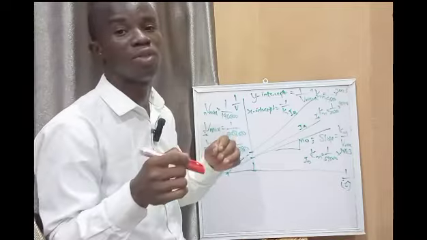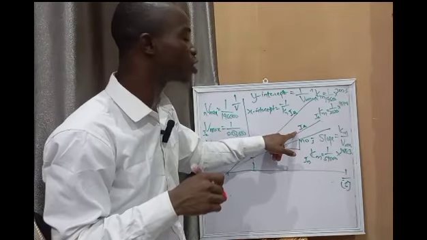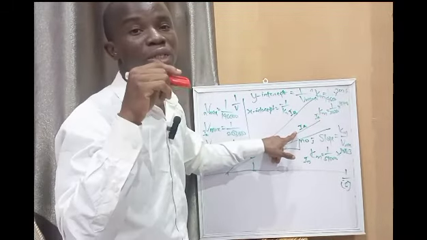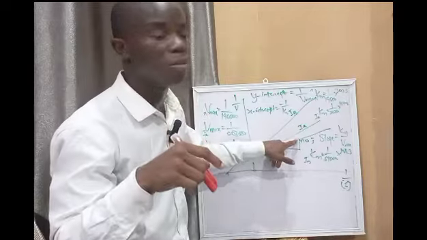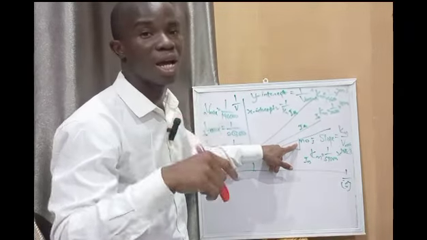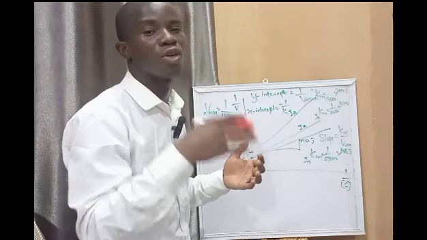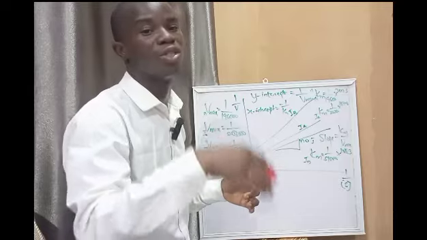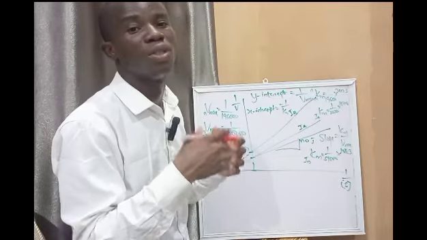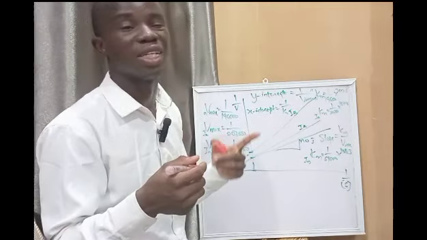And I said in the previous video that the Km of the reaction that contains inhibitor will be more compared to the Km of the one that has no inhibition, because the presence of a competitive inhibitor will reduce the affinity of the enzyme for the substrate, and that's why we are having an increase in the Km.